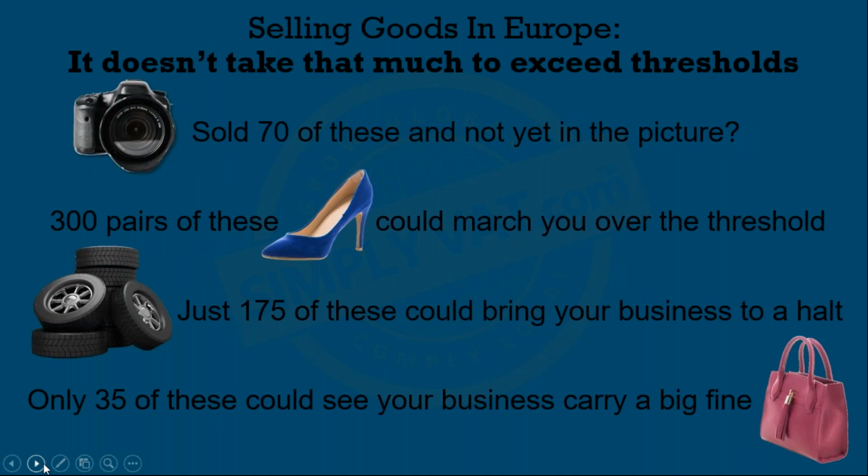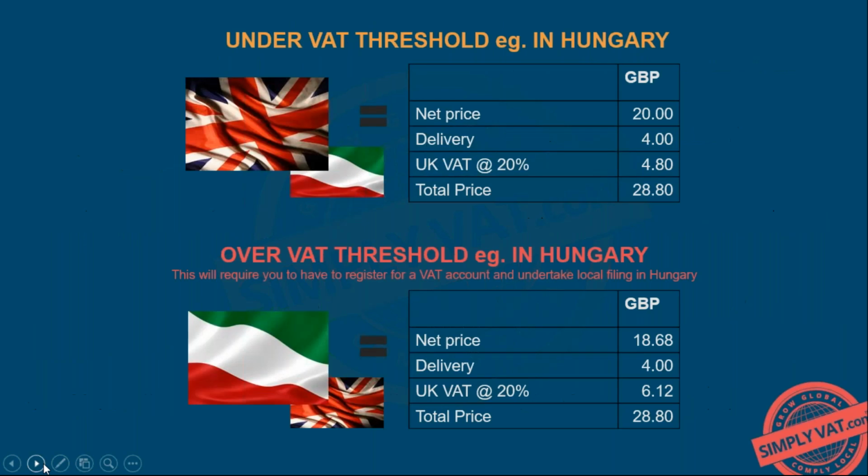To put it into perspective, if a business is selling medium to high value goods such as electronics or designer goods, it doesn't take very much to breach the smaller threshold of 35,000 euros. So it is really important to make sure that you're analyzing how much you're selling cross-border.